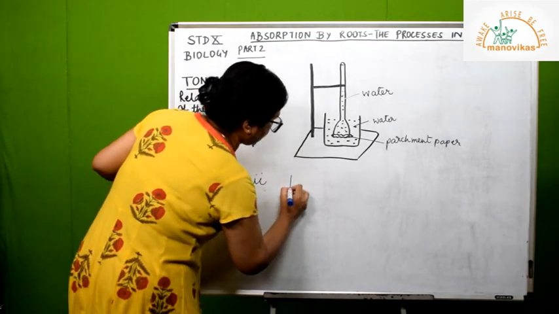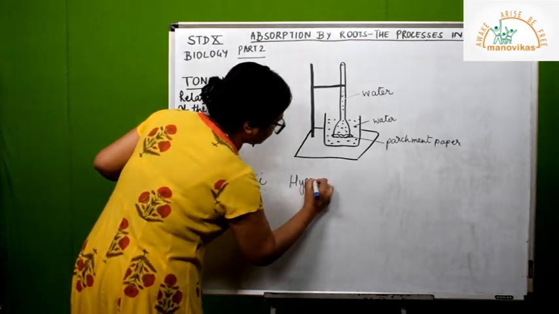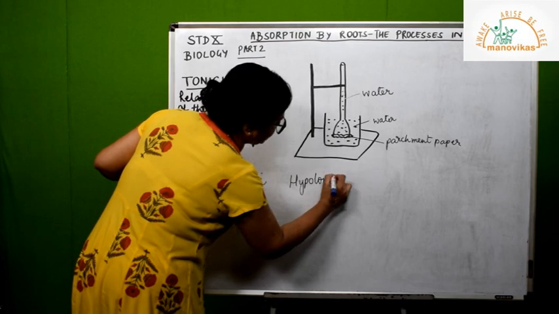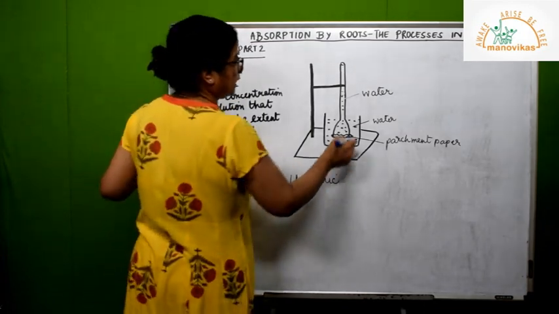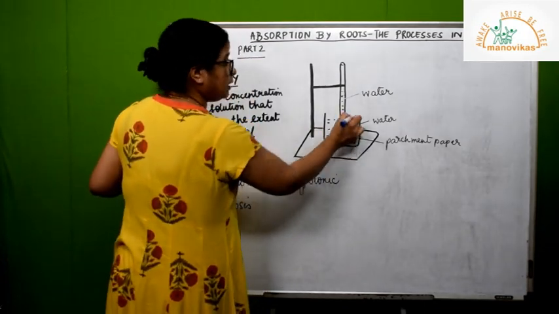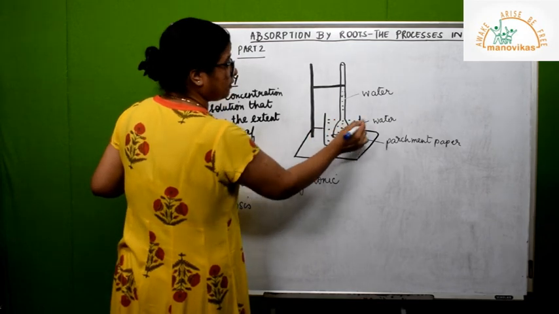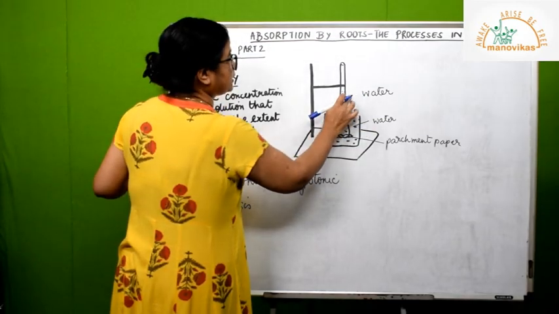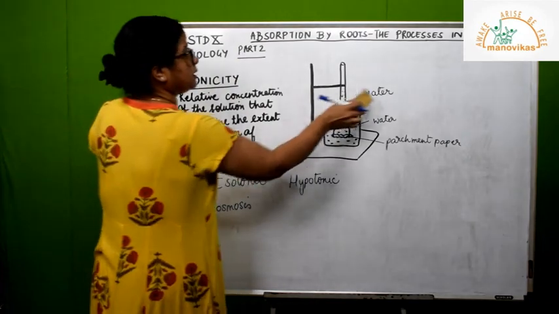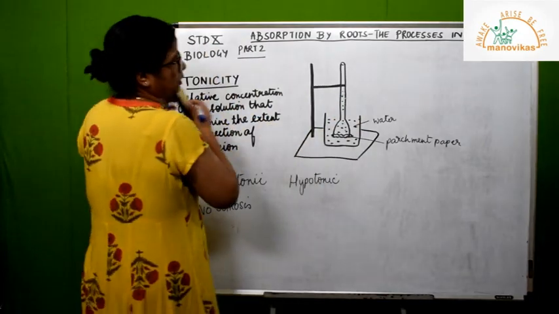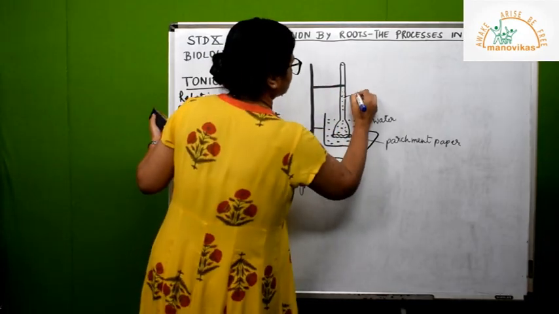Now suppose I say hypotonic. Hypo means lower. So what is happening? In the beaker, outside the thistle funnel, we are putting water. And inside, we are not putting water. This time, we are just putting a sugar solution, let us say 5% sugar solution.